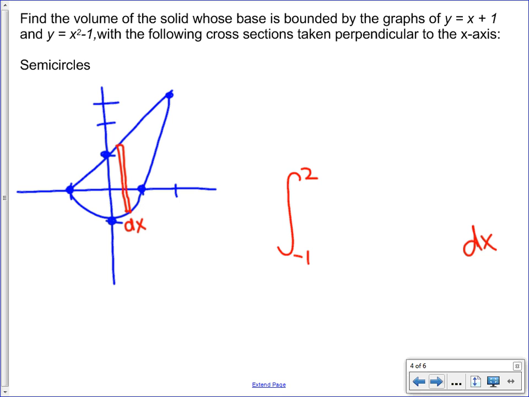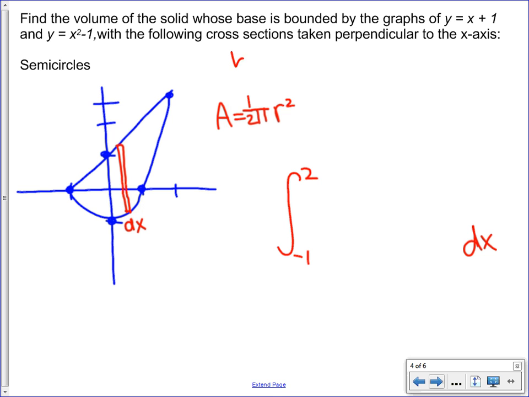Now, Carter, what did you just say? One half pi r squared. Okay, we find the area of a semicircle by taking 1/2 pi r squared. Hang on. So let's talk about this base.